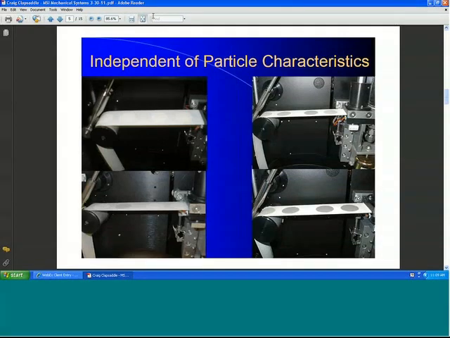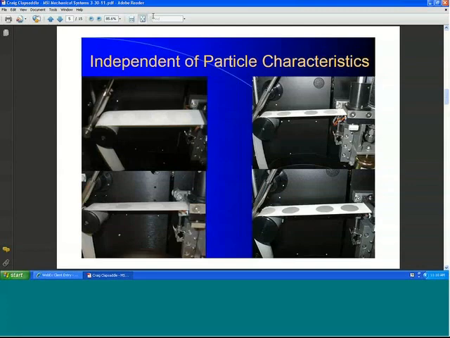If you look in the lower left-hand picture, in that source, most of the spots are white, but the second spot in, you can see is gray. And each one of those spots is a 10-minute sample of particulate out of the stack, and all of a sudden the particulate changed color.